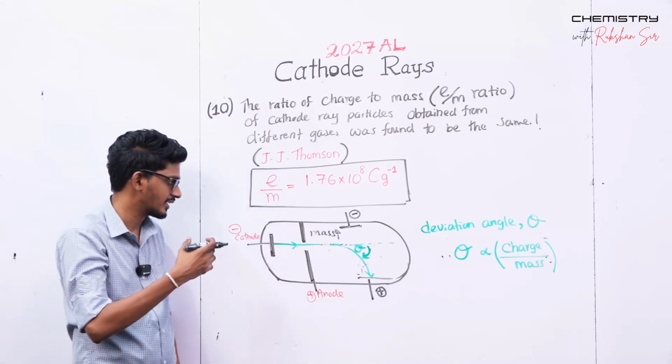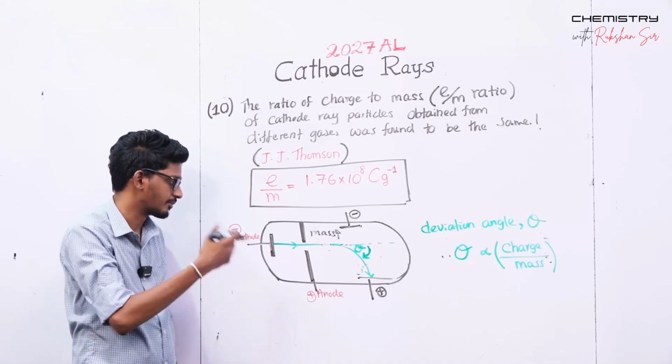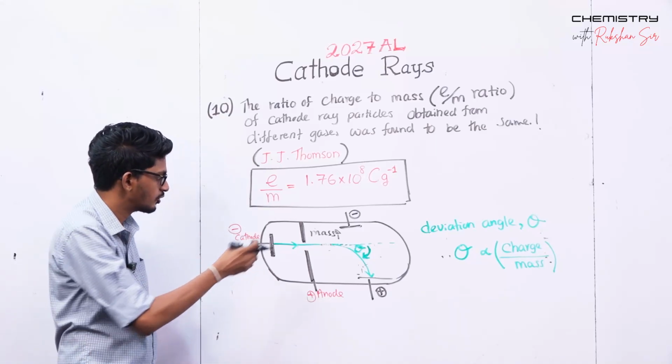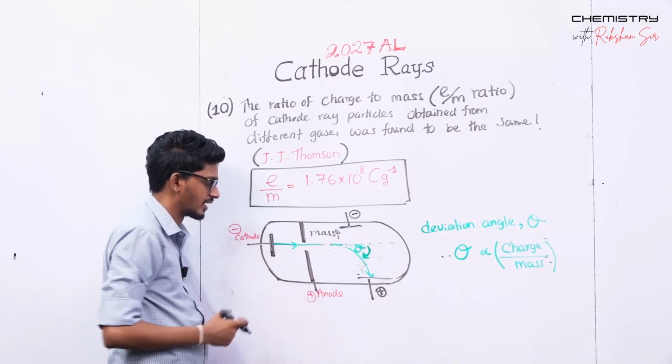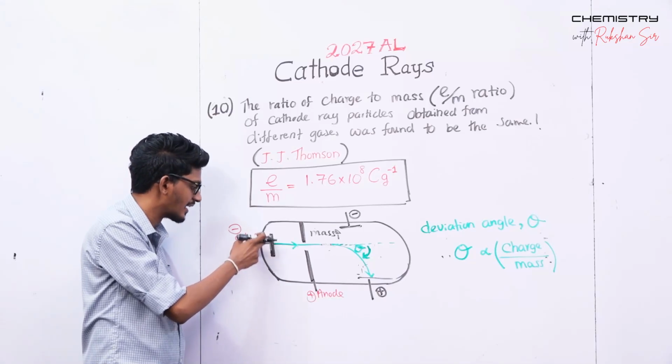Thomson carried out the same experiment with different cathodes the next time around. Earlier he had done the experiment using different gases inside the tube and you got the same deviation angle. Then he ran the experiment using different metals as the cathode.